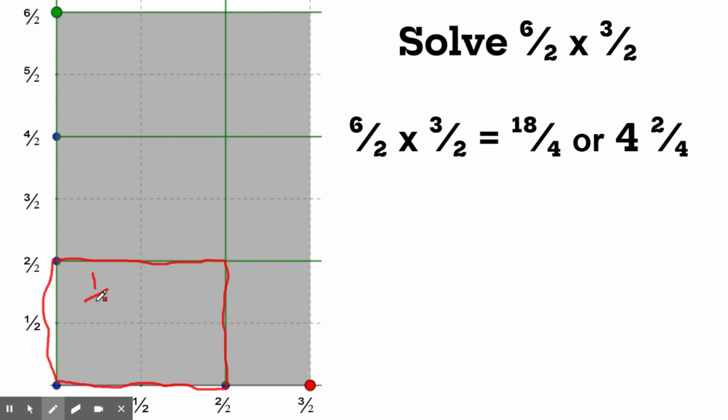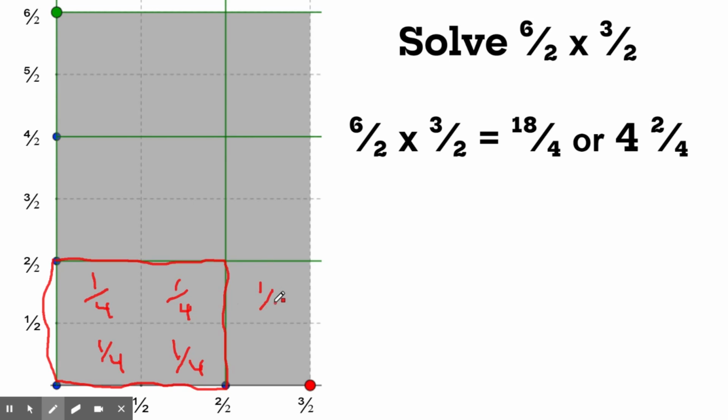I remembered to pause and erase this time. So there's a fourth. That's a fourth. Here's a fourth. And here's a fourth. There's 4 pieces in the whole. 1, 2, 3, 4. 4 fourths is equal to 1 whole.